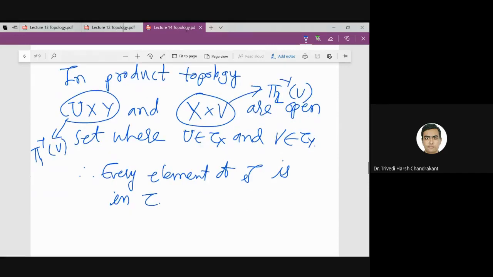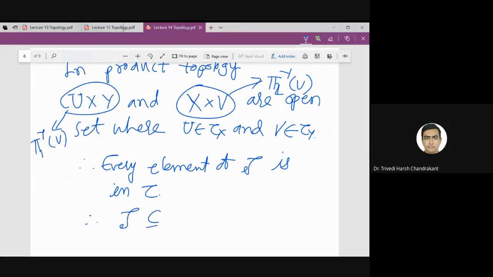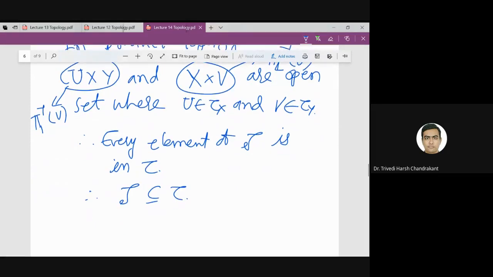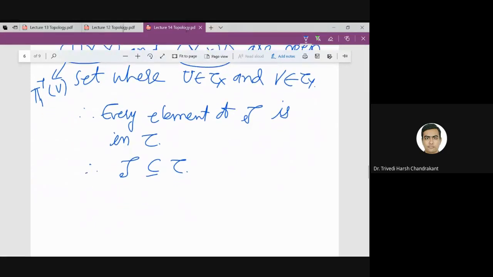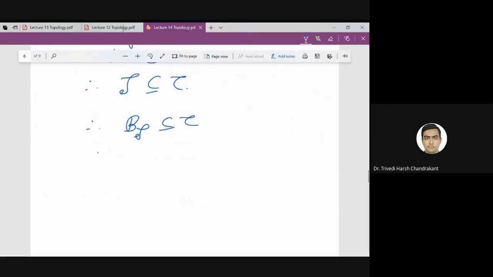So what we got is S is contained in tau, and then from S we get the topology tau dash by taking finite intersection and arbitrary union. So if I take finite intersection, I will get the family Bs that is contained in tau, and the topology generated by Bs is tau dash, and that is contained in tau.